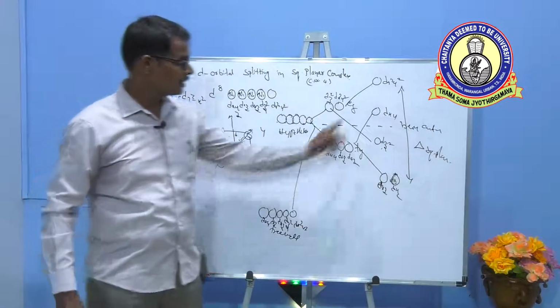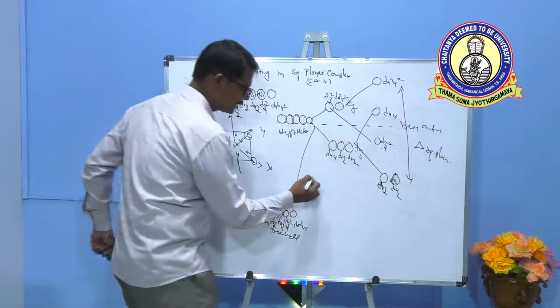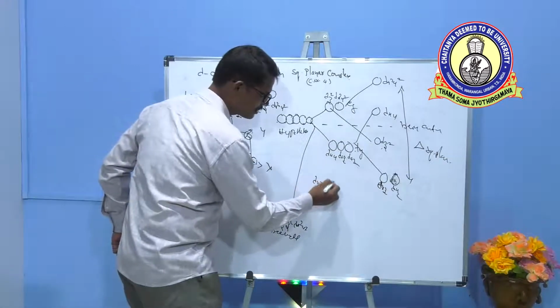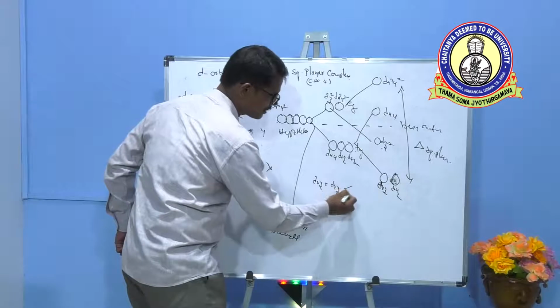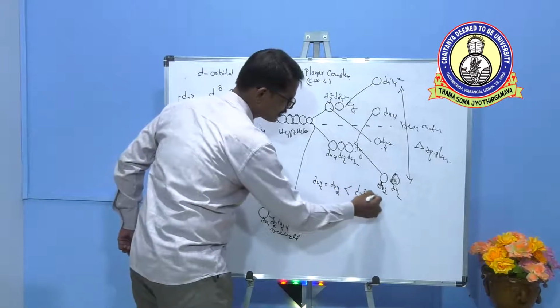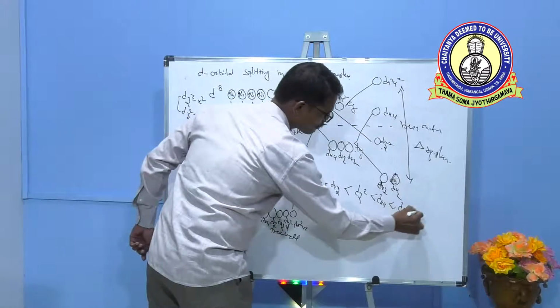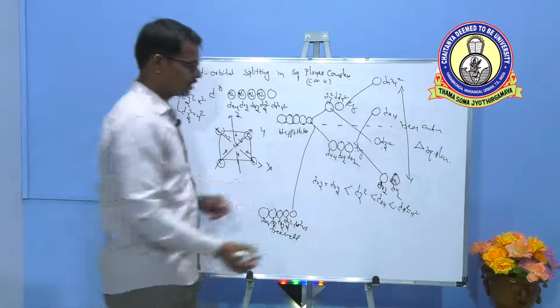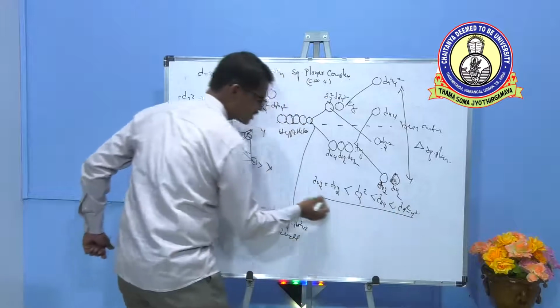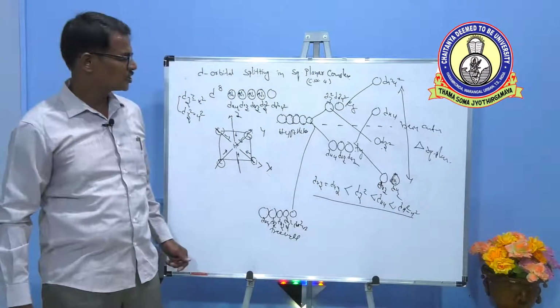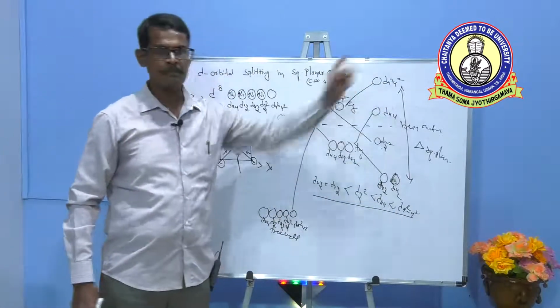So in square planar complex, dxz is equal to dyz, is less than dz square, is less than dxy, is less than dx square minus y square. So it is the order of energy in square planar geometry, and this is the splitting.